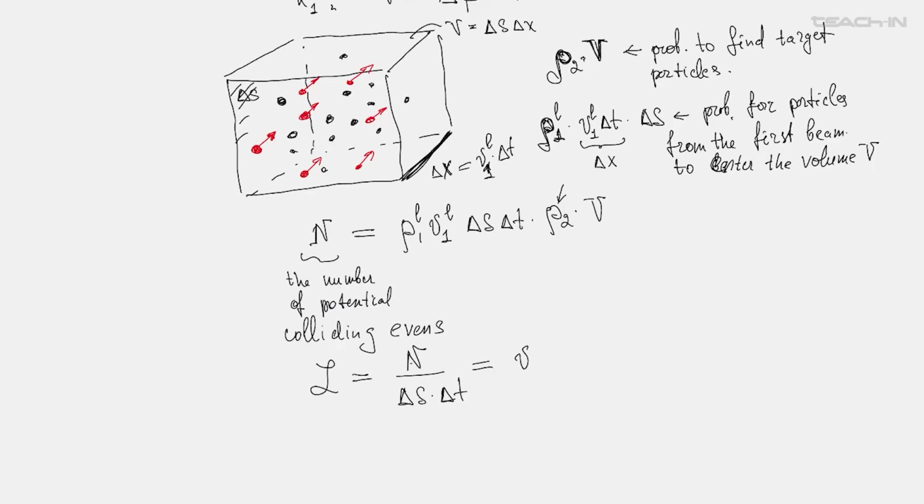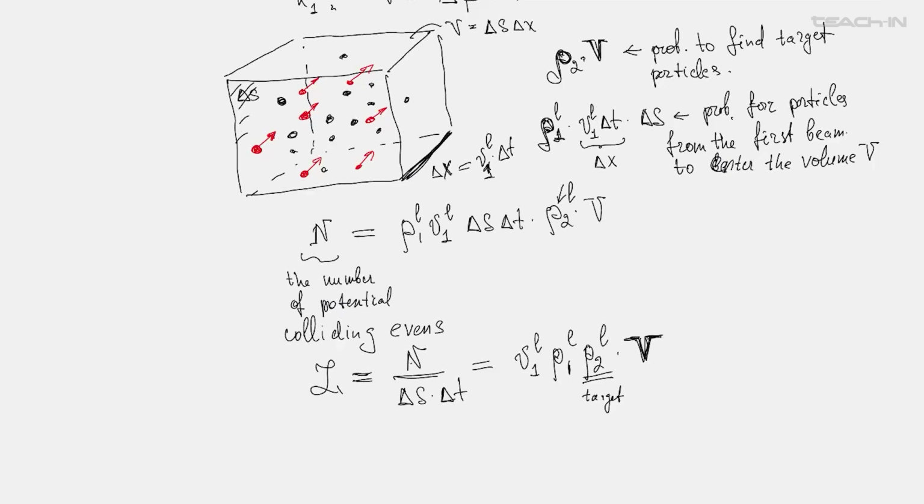We can write ρ2 as ρ2L, but we understand that this is the density of the second beam where particles are forming targets, so they are at rest, multiplied by the volume V. This is luminosity. And now we can go to the definition of a differential cross-section.